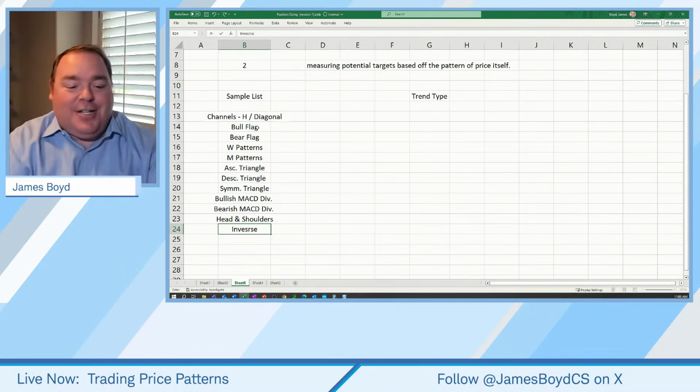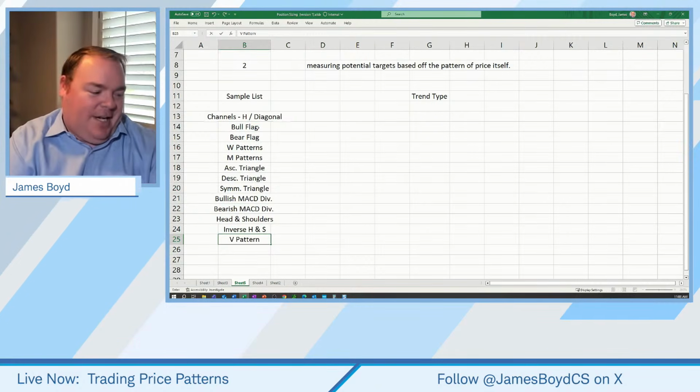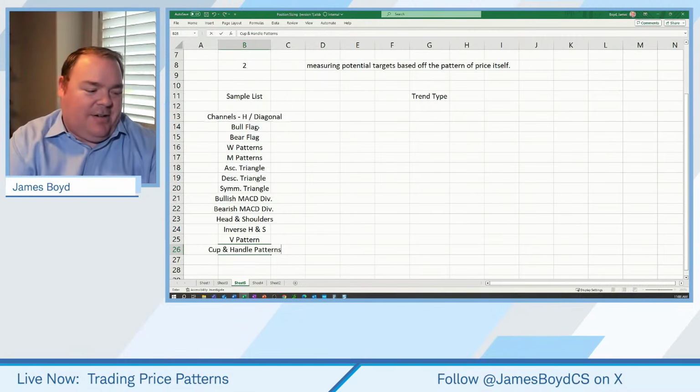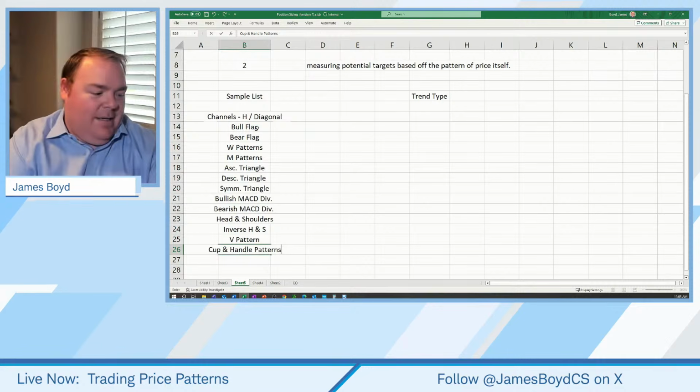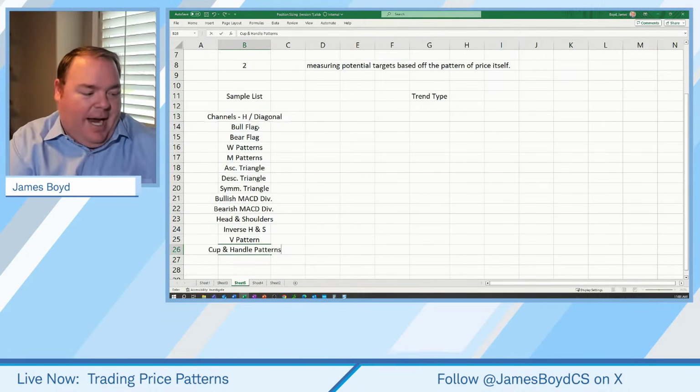Now inverse head and shoulders. V pattern. What are we missing? Yes, cup and handle patterns. Some might call it a saucer. We'll keep it cup and handle. That's what I have. Did I miss anything? I don't think I did.